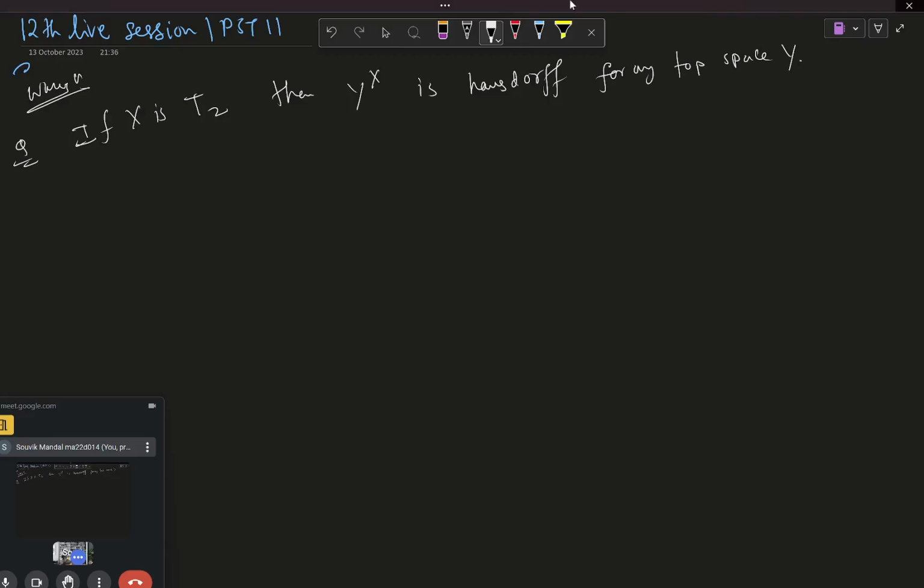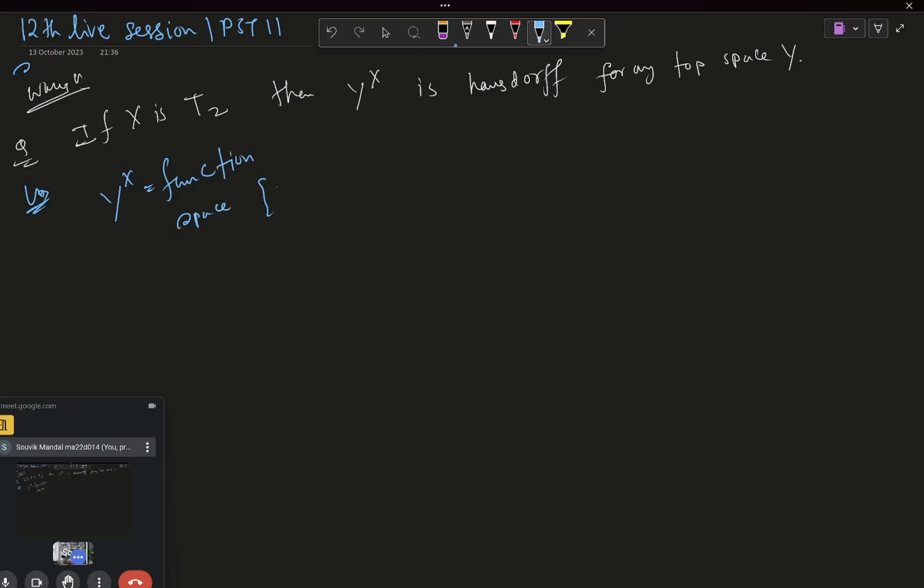First let's think about how to approach this problem. Y to the power X is the function space of maps from Y to X. Given that X is Hausdorff, we need to check whether Y to the power X is Hausdorff or not.